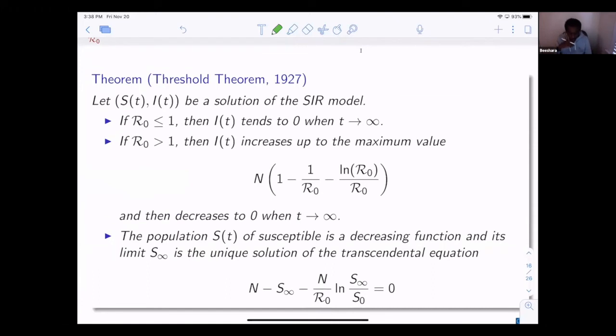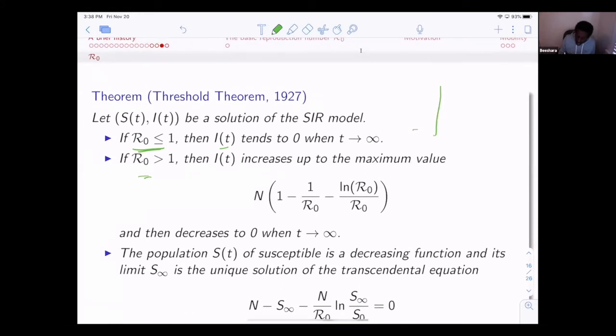All right, so now let's go back to our initial SIR model. If R naught is less than 1, then I goes to 0. If it's greater than 1, it will reach a sort of peak here, and then it will ultimately go down.